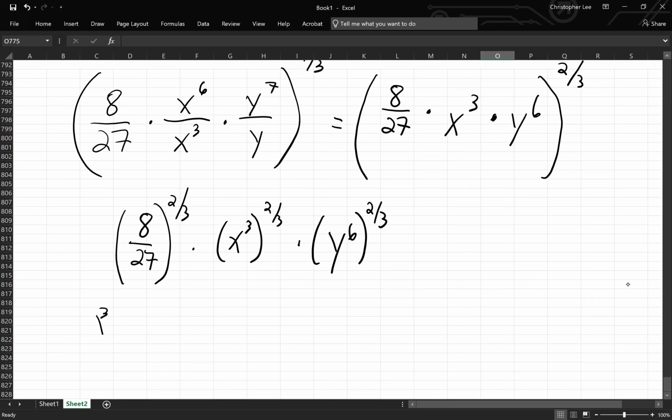This is going to become cube root of 8 squared divided by cube root of 27 squared, times, whenever I raise a power to a power, what operation do I do?